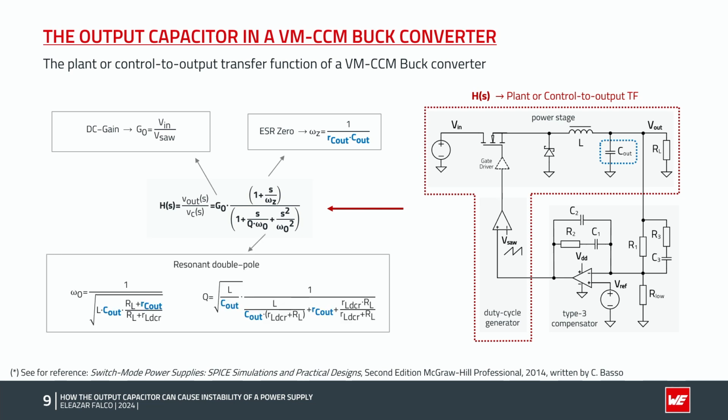And finally, we have a resonant double pole, a term whose characteristic is also affected by the output capacitor parameters. Now, to get a good insight on how these three different factors help to shape the plant response, we will analyze them separately in the next slides.